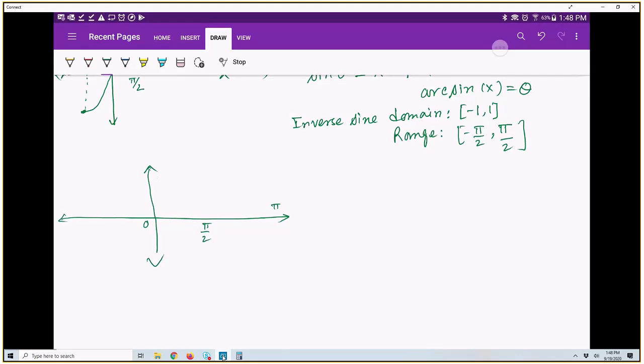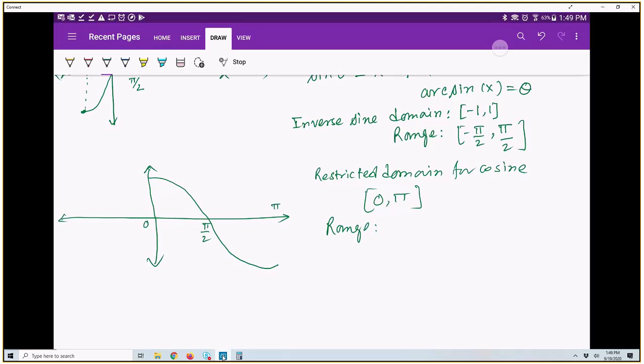So the restricted domain for cosine is 0 to pi, whereas the range for this restricted function is the same, still -1 to 1.